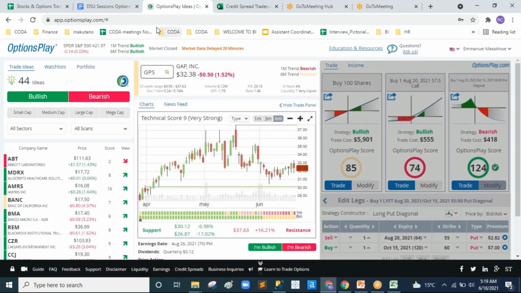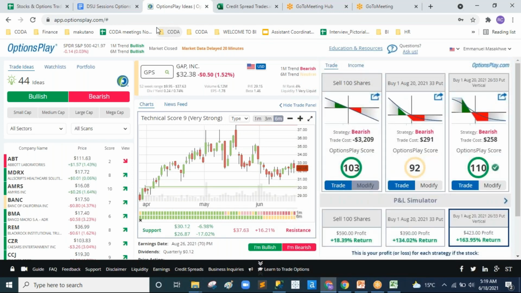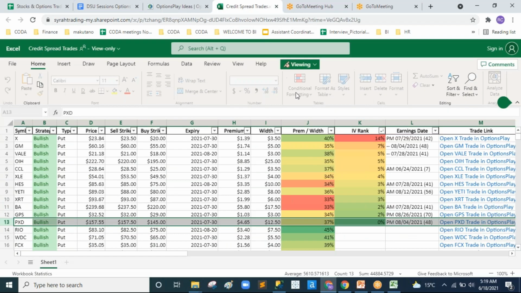But then again, Chris said that you also try to make sure you avoid the earnings. Yeah, because of the volatility, the kind of movement that you experience during earnings. That one has earnings coming up on 8/26. This is August, eh? Yeah. GPS is line 13, but you're on line 12.